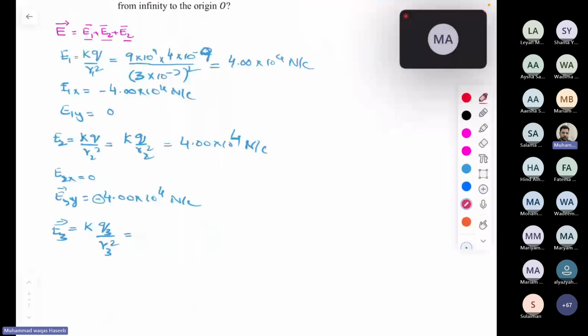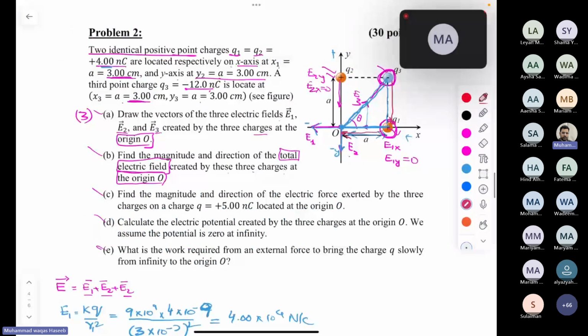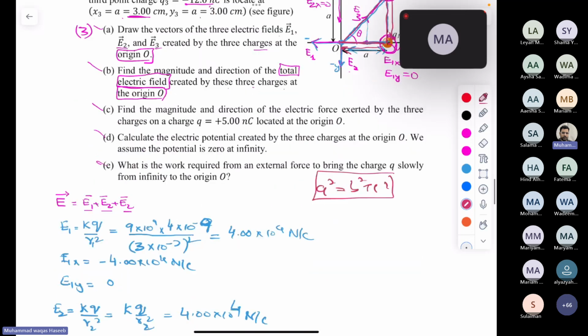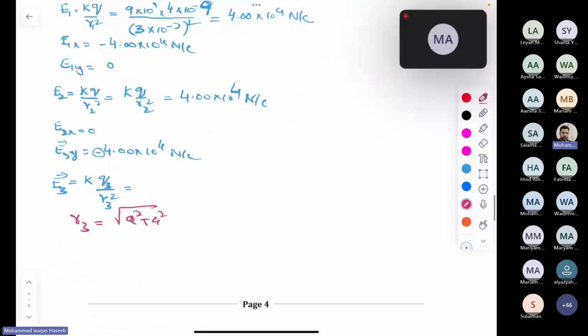We will get r3 by taking a squared plus a squared, because the base squared plus the perpendicular squared equals the hypotenuse squared, which is a squared = b squared + c squared. Simple Pythagoras theorem. So we have a squared and a squared, and then we will get a root 2, which is nothing but 3.0 root 2 centimeters.